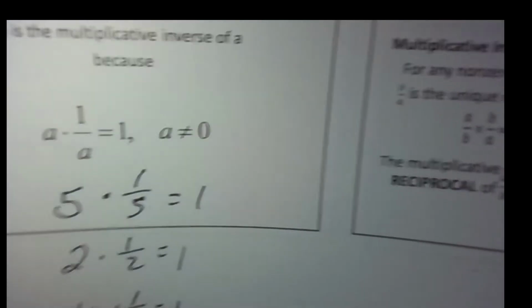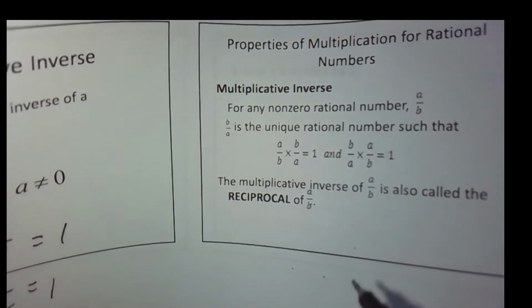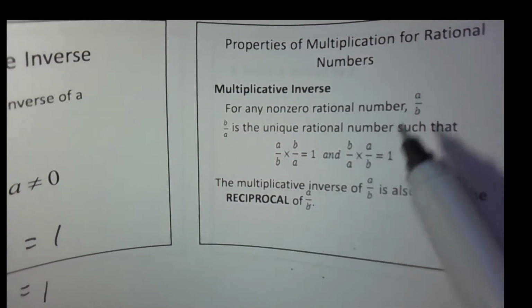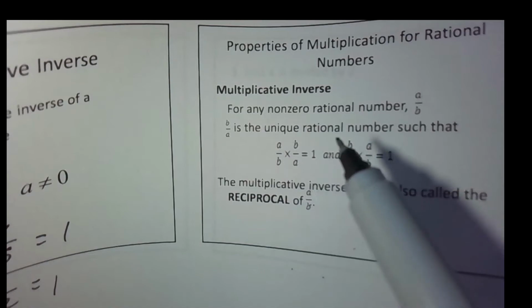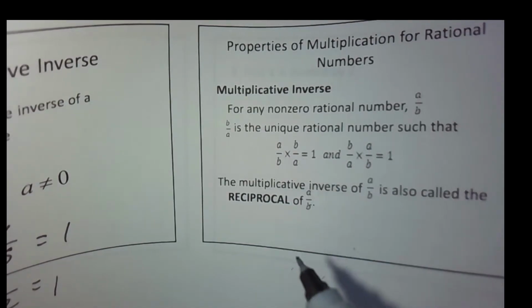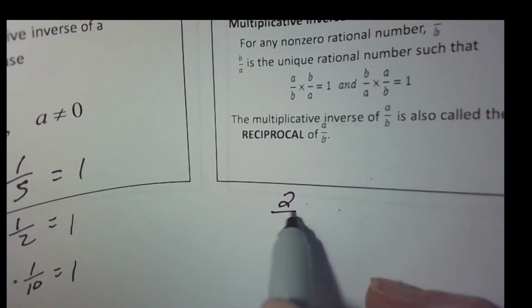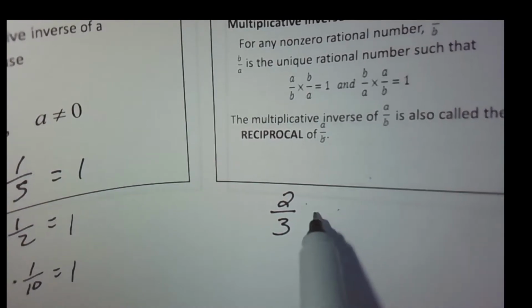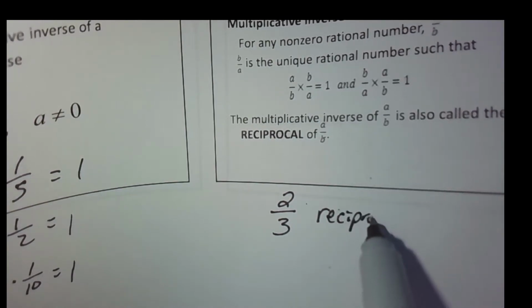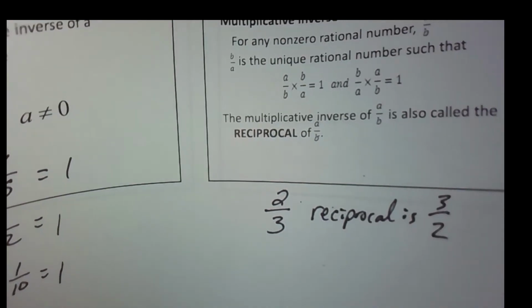And then sometimes, though, similar idea, any non-zero rational number has a unique rational number that's called its reciprocal. And a reciprocal is just where we flip the fraction over. So for example, if I have 2/3, then its reciprocal is just flip that over, 3 over 2.